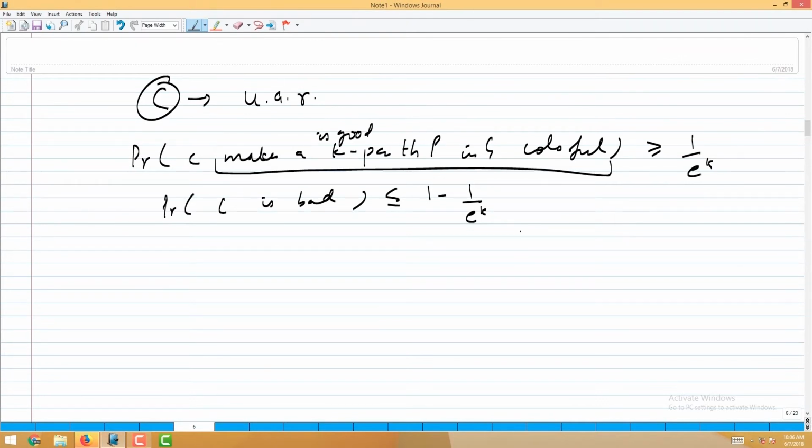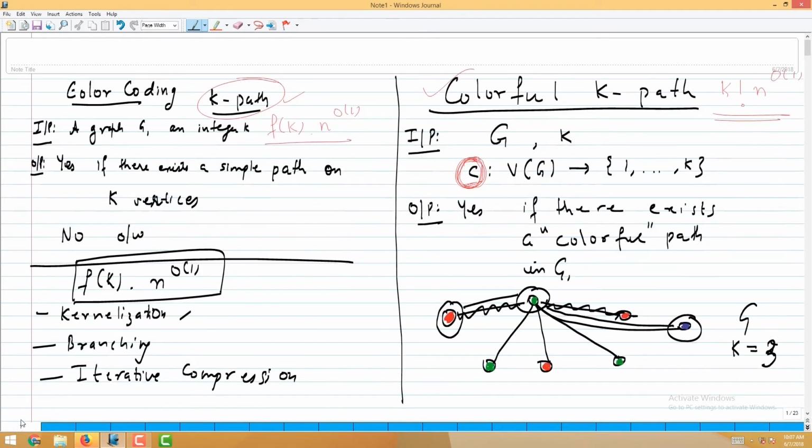Of course, I can't keep on doing this forever because my algorithm has to have a certain running time, okay? So let me say I repeat this experiment e power k times. What does it mean? I had to solve the k-path problem. I construct a coloring C uniformly at random, and then solve this colorful k-path instance by giving this coloring as the input.